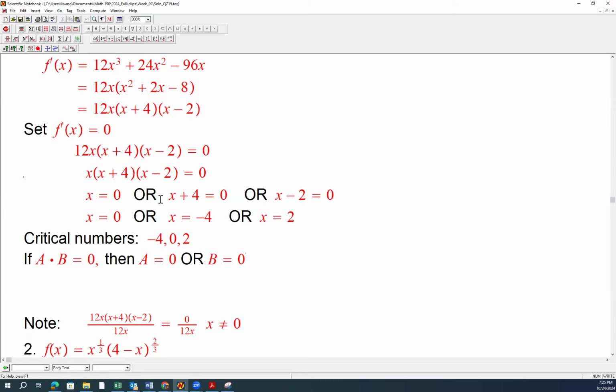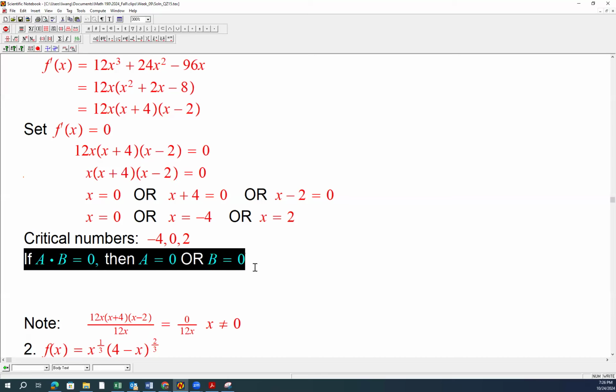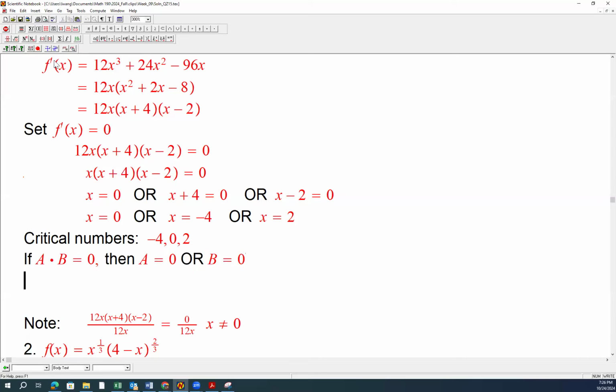And then you may say, oh, we have 3 factors. Yes, we do. This property can also be extended to 3 factors. Any one of the factors equal to 0 will ensure the product equals 0. So this is mathematical principle number 5, also called the zero product property.